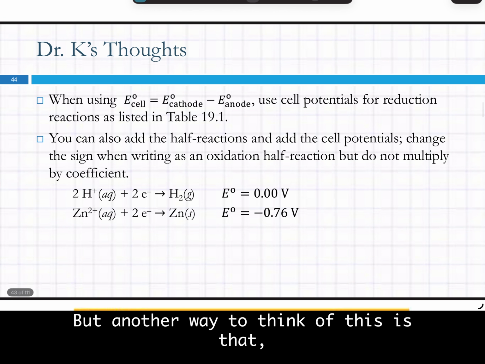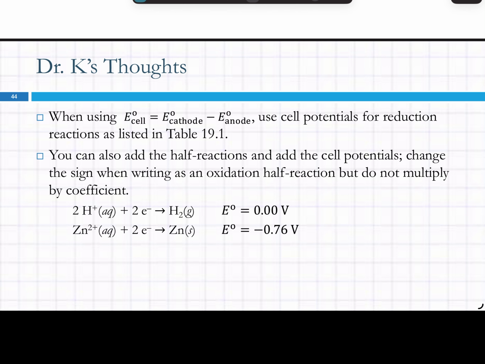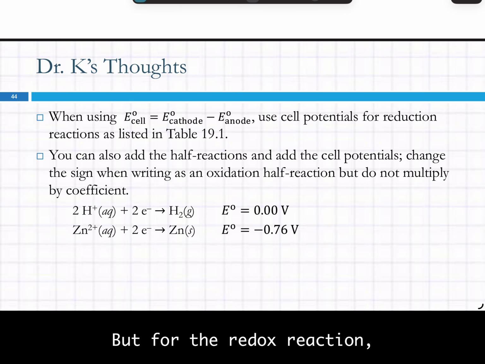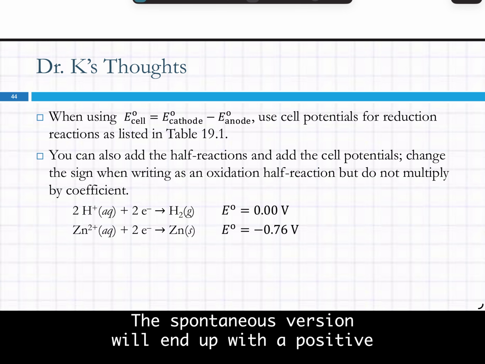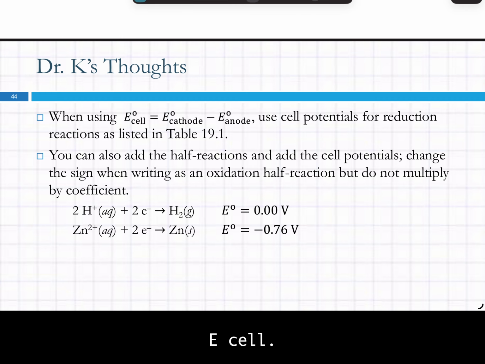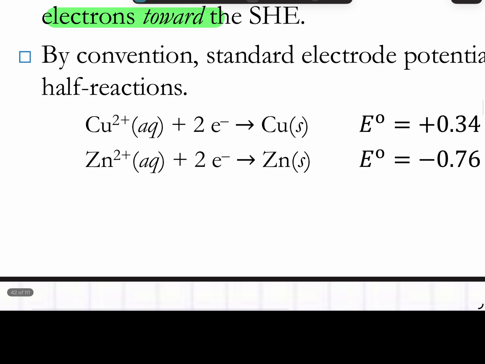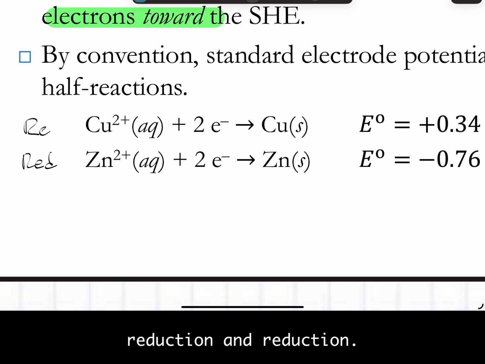But another way to think of this is that when you are looking at these potentials, they're all going to be for reductions. But for the redox reaction, we have to have one that's being reduced and one that's being oxidized. The spontaneous version will end up with a positive E cell. So these are both written for reductions. Reduction, reduction.